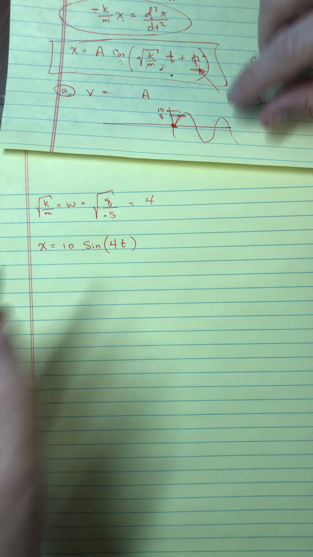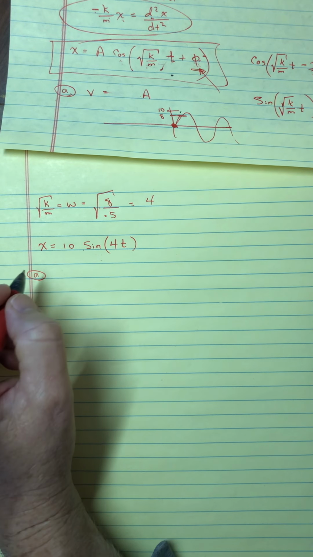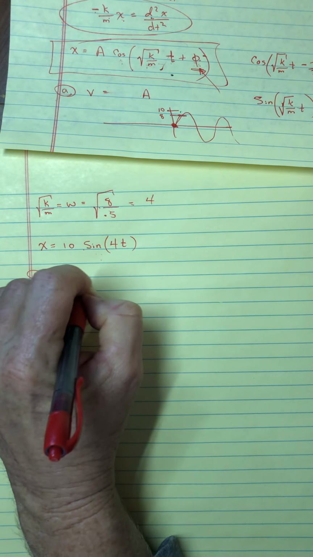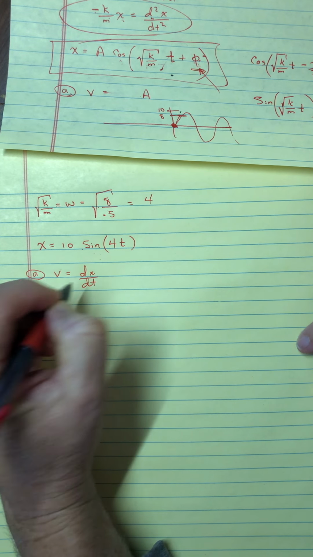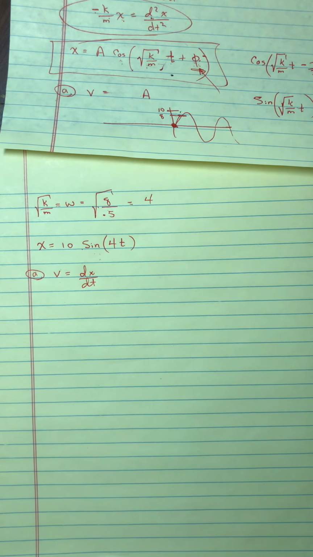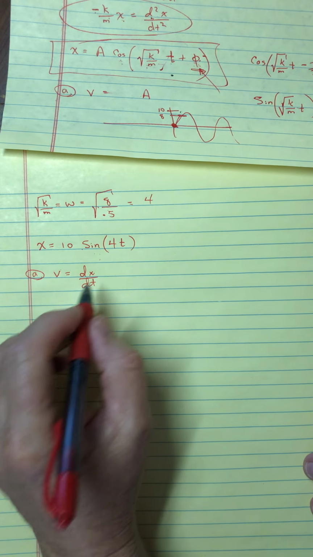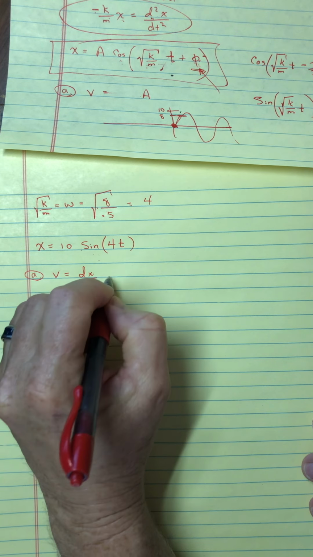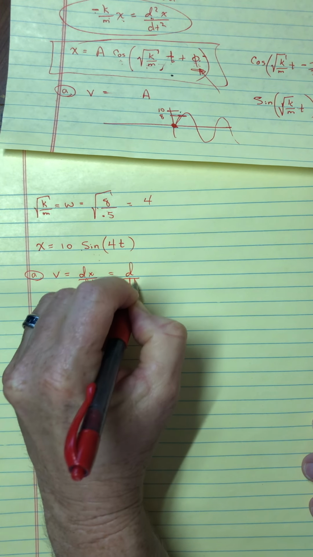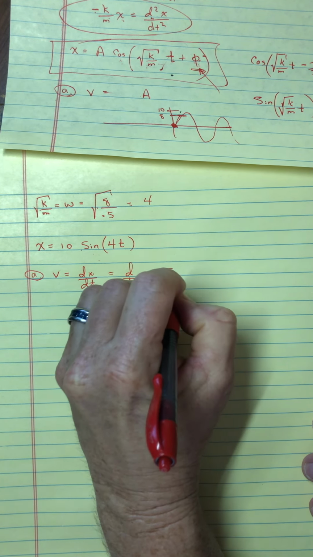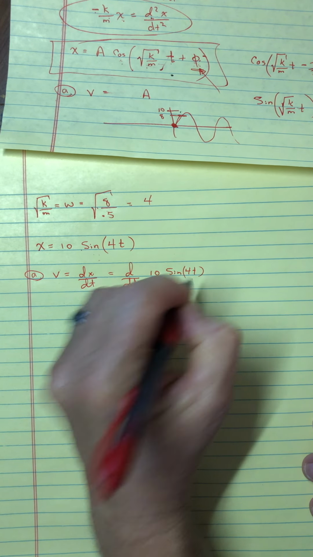All right. So now I can get back to where I was, which was A, and A says what's the velocity and I believe also acceleration. Now I need to read it again. Now maximum value of its speed and its acceleration. So you take the derivative. And so the derivative, it's got a 10 out in front, it's got a sine of 4t.